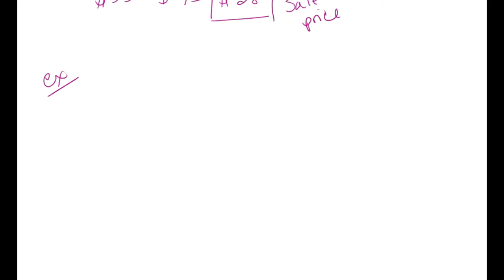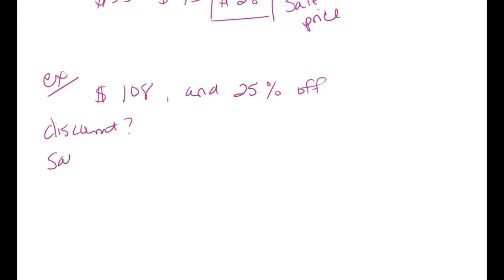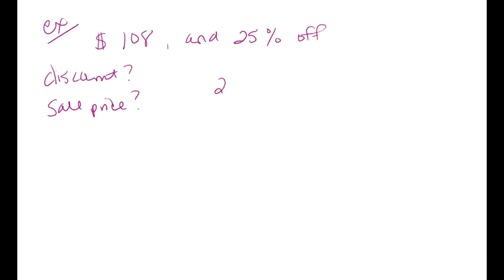Okay, what if you had a jacket that was $108 and it was 25% off? And we wanted to find the discount and the sale price. Okay, we're going to use the same formula we're always using, which is 25% over 100 is what you get at the end, and that's what we're always looking for, of 108.